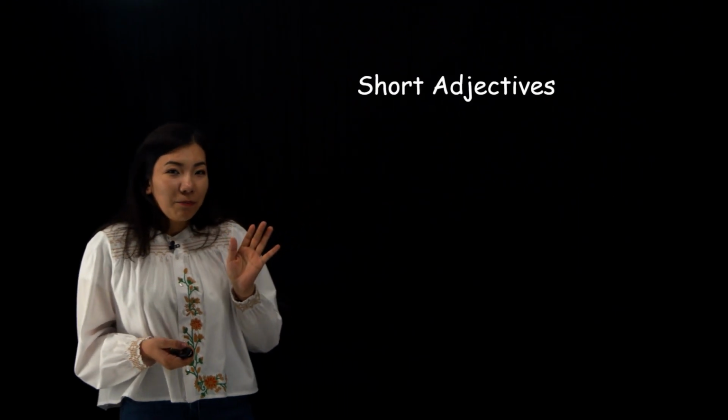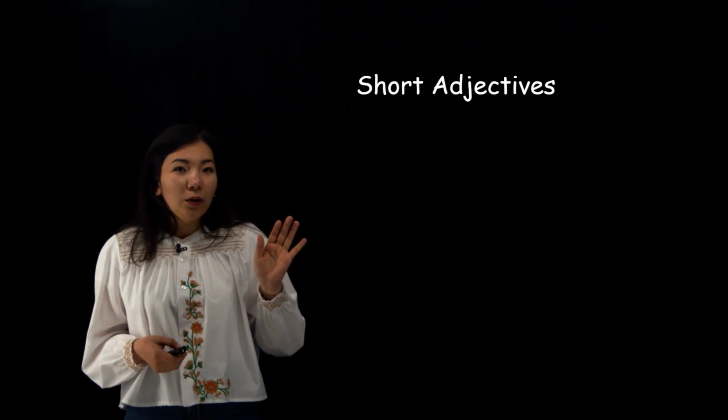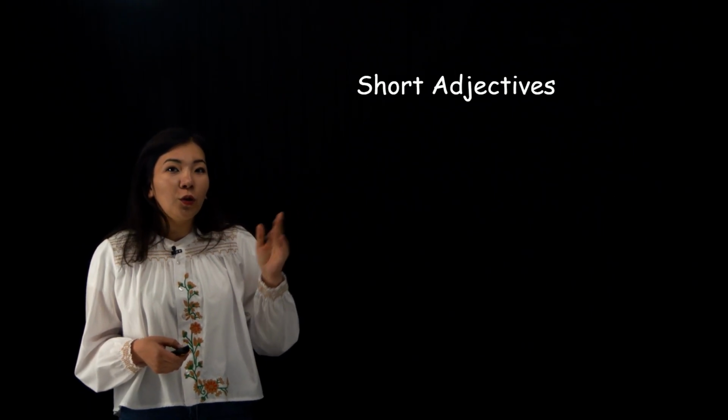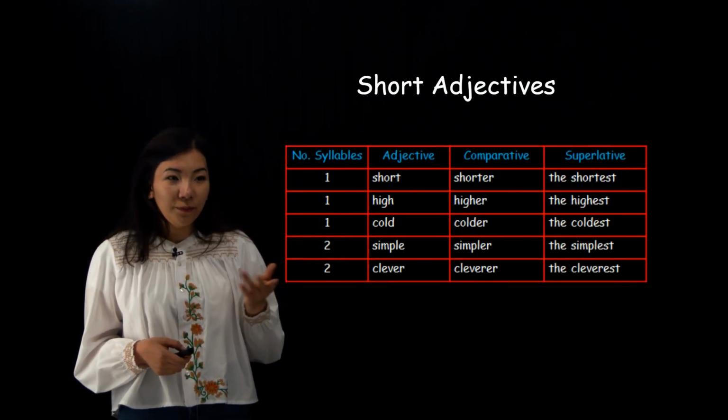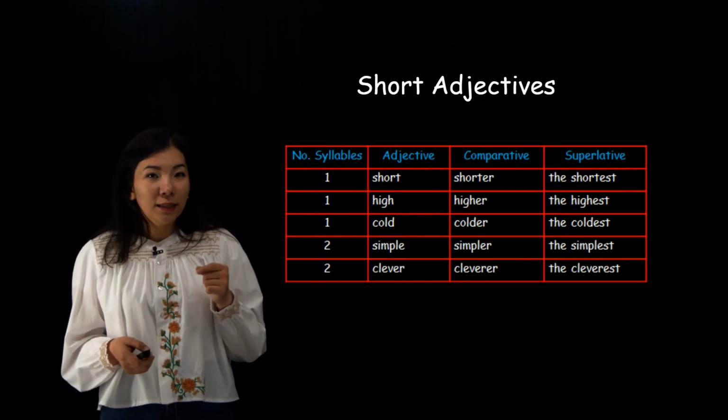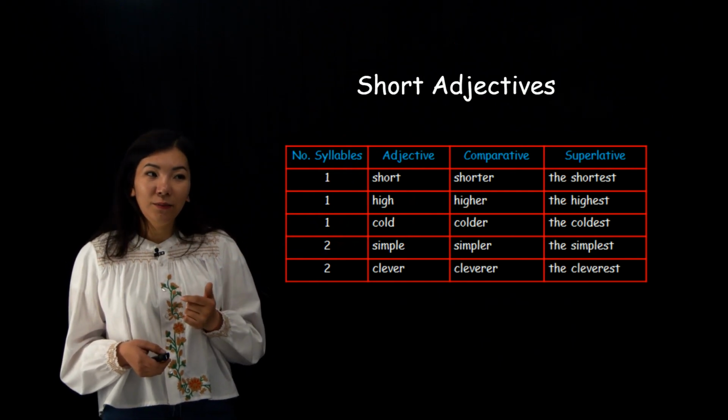Alright, so now let's revise once more, okay? In comparative form, we just add -er to the short adjectives. And in superlative, we have to add the ending -est.